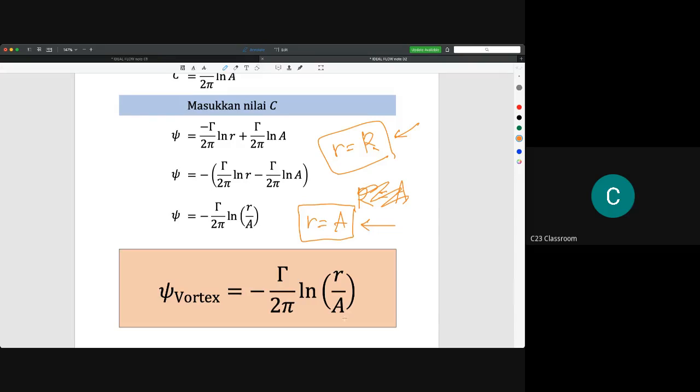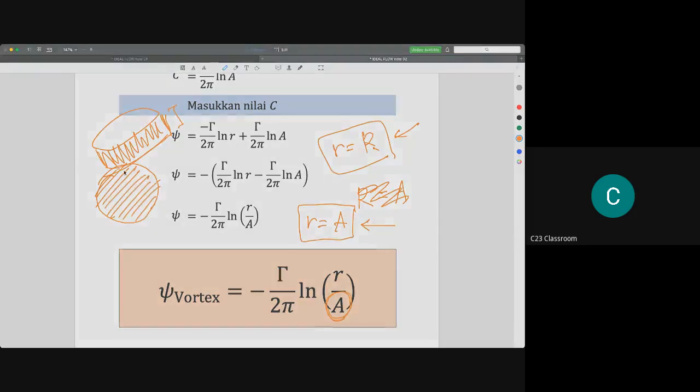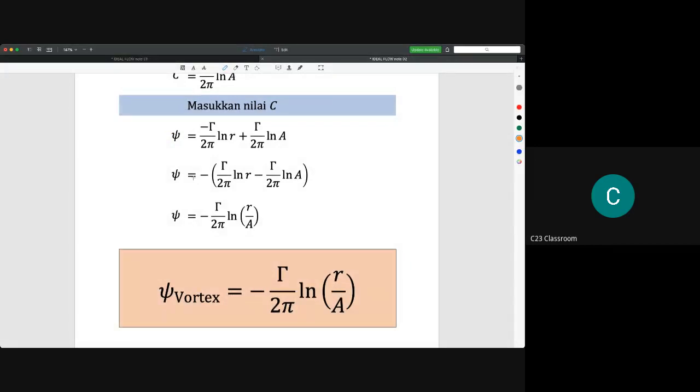Okay, ada setengah pelajar nilai A ni nanti dia akan masukkan nilai bulatan tu. Dia kira bulat pi r square. Ataupun dia kira yang macam source tadi, okay, dia akan kira ketinggian ini 2 pi r darab thickness. So awak kena berhati-hati bahawa the value of A here is actually reflecting the radius in vortex motion.